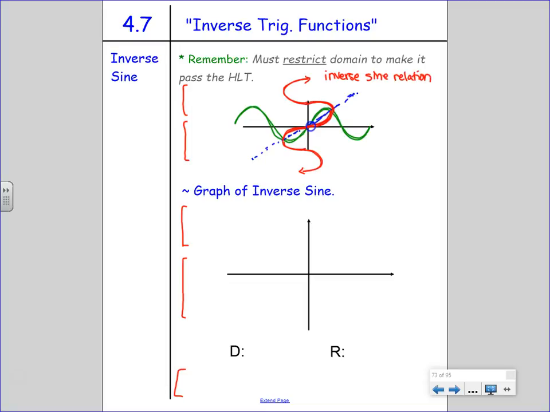Why am I saying relation and not function? What's it failing? Yeah, the original fails the horizontal line test, which indicates the inverse is going to fail the vertical line test.